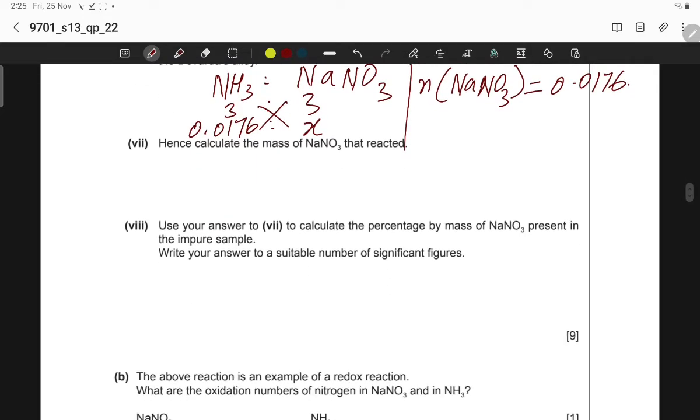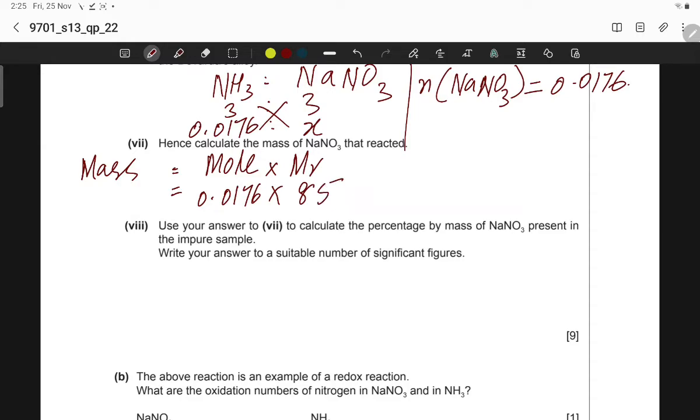Now calculate the mass of sodium nitrate reacted. Mole is equal to mass over Mr, so mass is equal to mole into Mr. 0.0176 into Mr of sodium nitrate, which is 85.